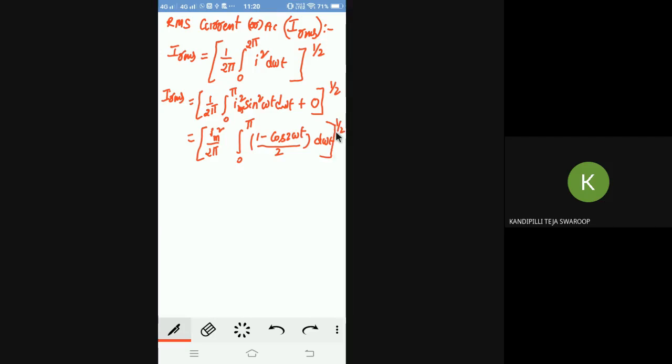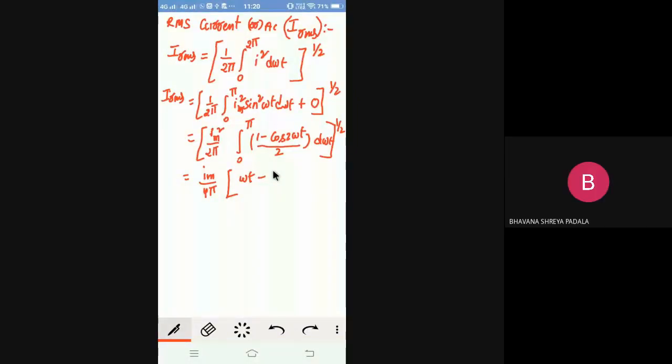So now I am replacing integration of 1, అంటే ఏమొస్తుందమ్మా? Omega t. Yes, integration of 1 is nothing but omega t. So integration of cos 2 omega t అంటే sin 2 omega t by 2.